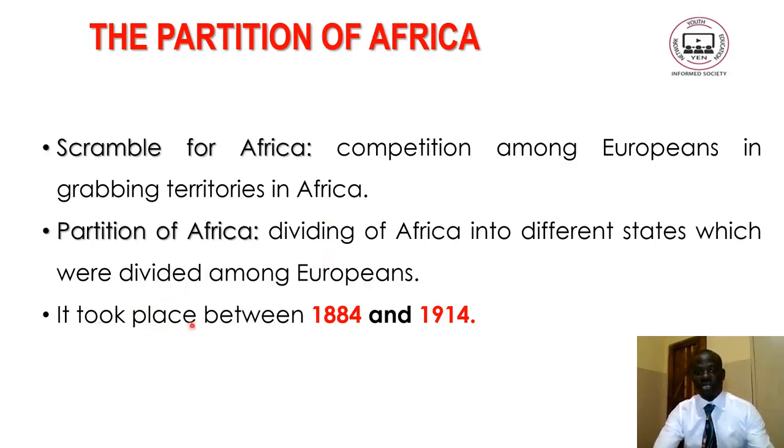It took place between 1884 and 1914. Between these years, that was the period when European countries were scrambling or were partitioning Africa. We are going to talk more on the same.